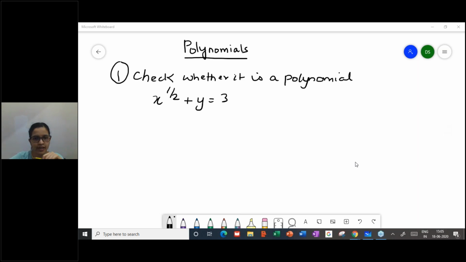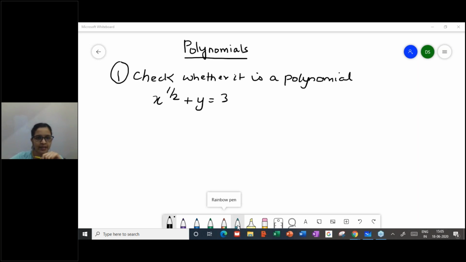Just raise your hand. Okay, Vasudha says it is a polynomial. Netri says I don't know. Molly says no. Puneet has given me the right answer. Atharva also is giving me a right answer. Okay, so I think we'll have to go through the concept once. A few of you are having confusions.